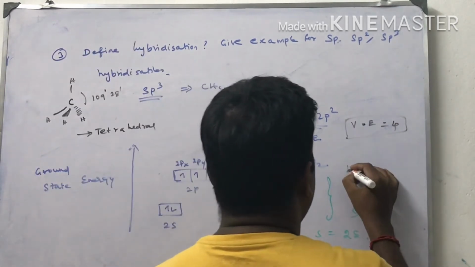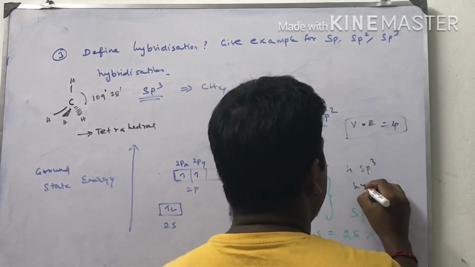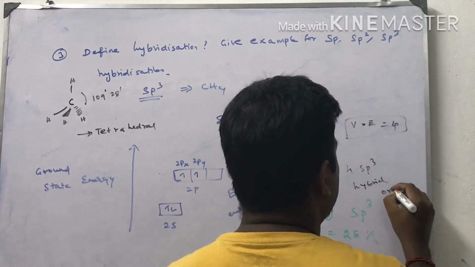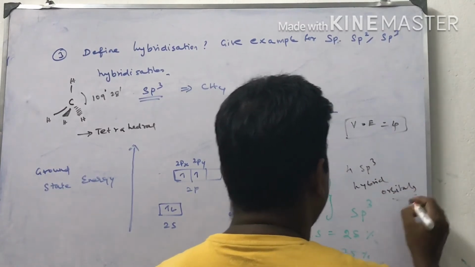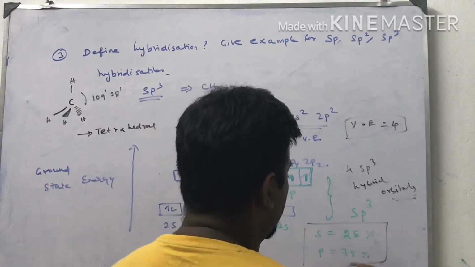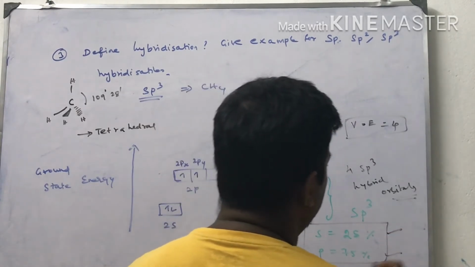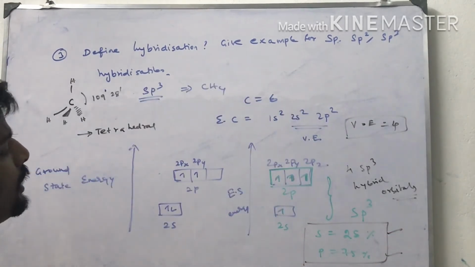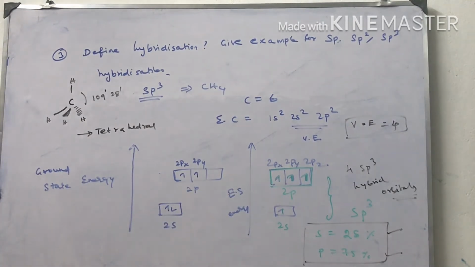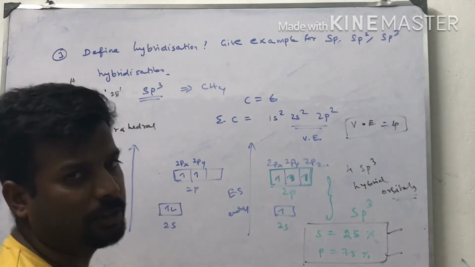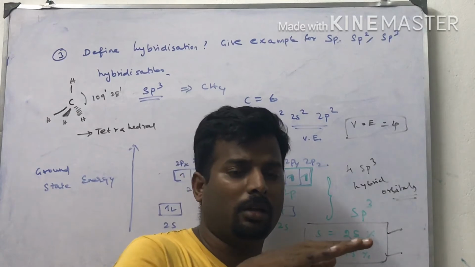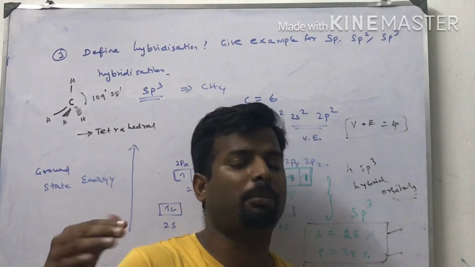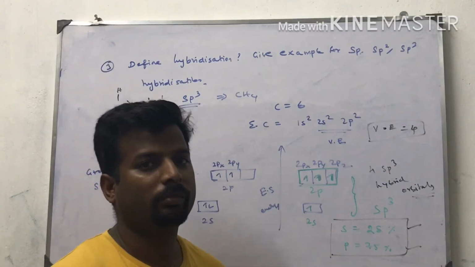How many? 4 sp3 hybrid orbitals. Right, very good. S has 25% and P has 75%. So from all this we observe that s character is decreasing and p character is increasing.